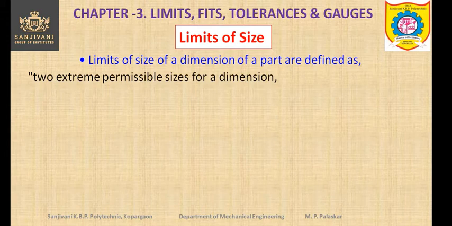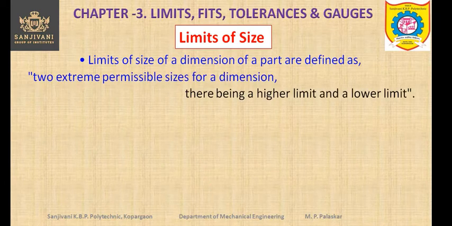The actual size should be less than the higher limit and it should be more than the lower limit. This is necessary for appropriate functioning of the component. This is the functional requirement of the component, that the actual size of the component must lie within the limits of the size which are specified for that particular component.